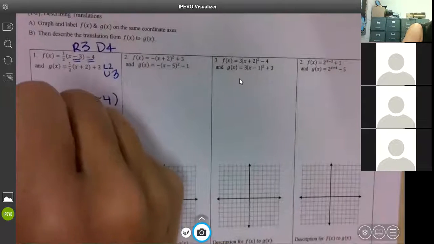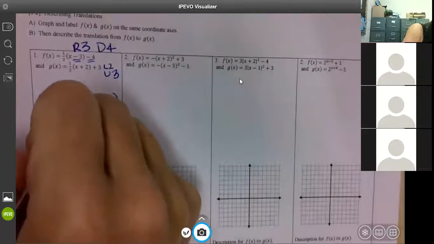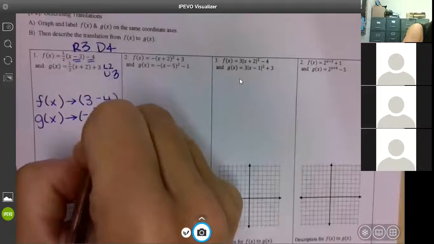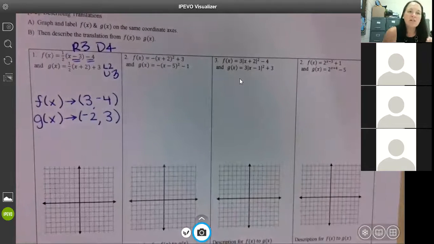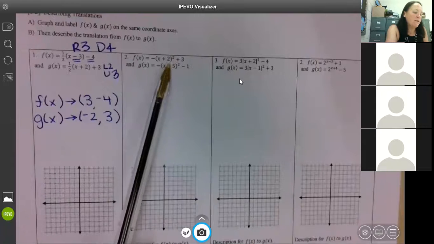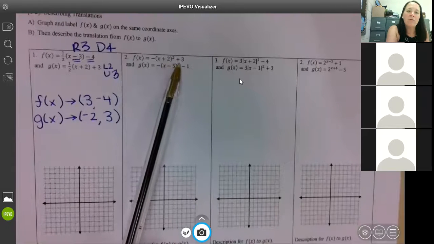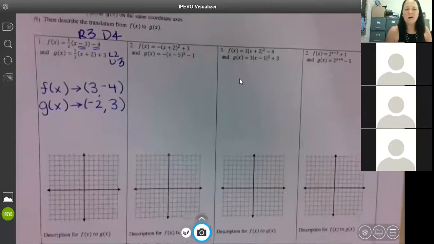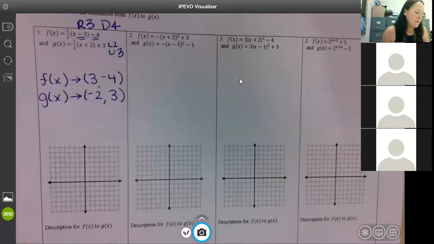For g of x, you said we went left 2 and up 3. You just pulled out a new vertex, okay? Where we were using 0, 0, this is our new vertex. So when we get to this equation, our vertex is left 2 and up 3, so negative 2, 3 is your new vertex for your U shape. That's how easy it is. That's why I was showing you all that vertex form.